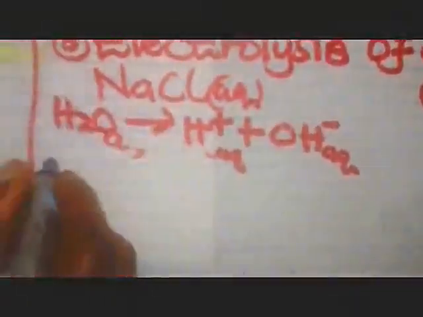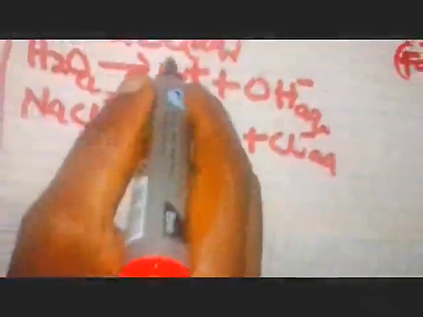Don't forget that. At the same time, the sodium chloride is breaking down to form the sodium ions plus the chloride ions. Now this implies that we have 4 ions there, 2 positive ones and 2 negative ones.